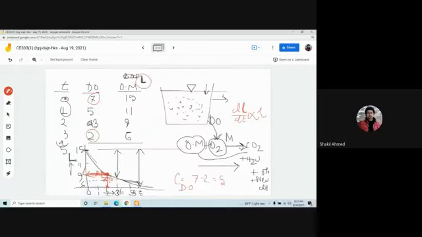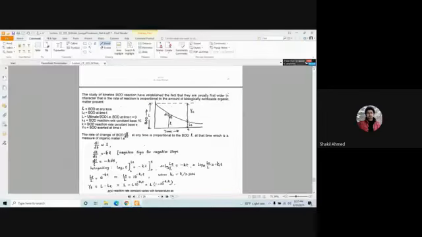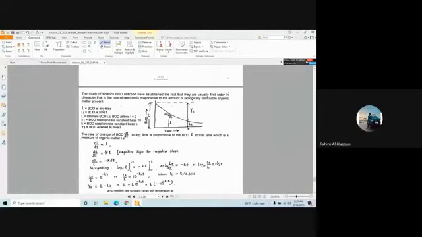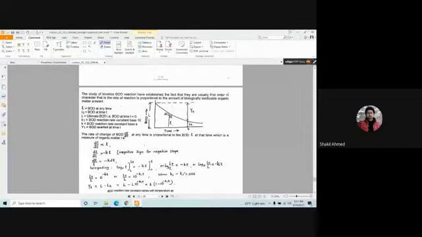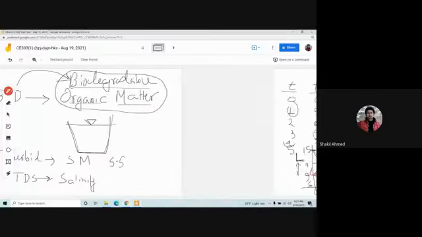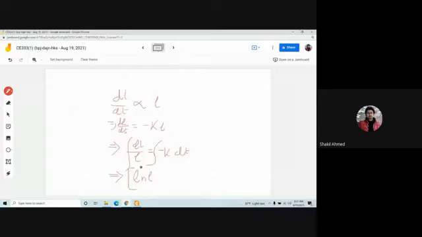The highest value. Let's say this is L0, from L0 to Lt.